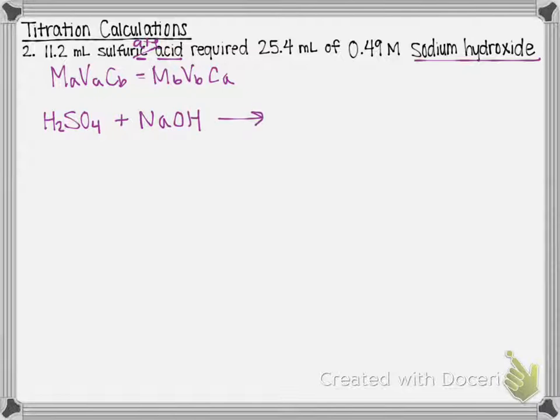Acid plus base makes water and salt. To balance it, you need a 2 and a 2. And then you can start plugging in your numbers.